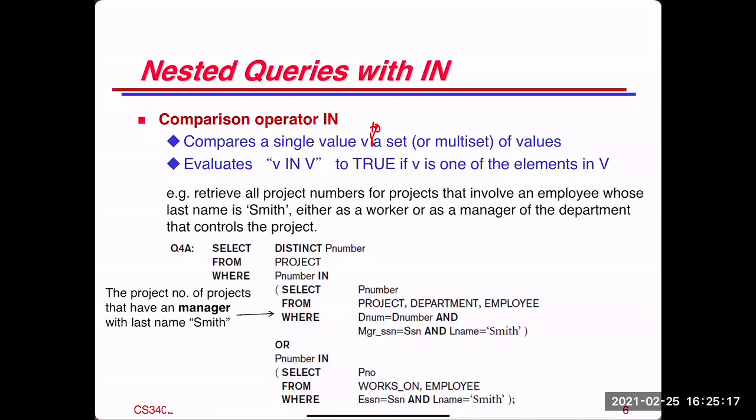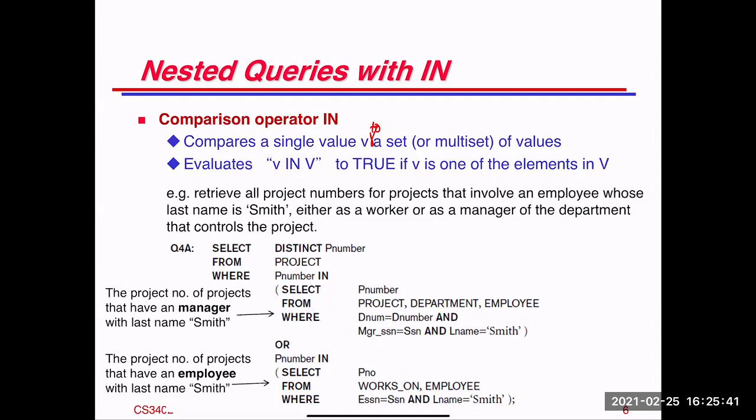And again, we're selecting the last name to be Smith. So what the second query does is give us all the project numbers of projects that have an employee working on it with the last name Smith.